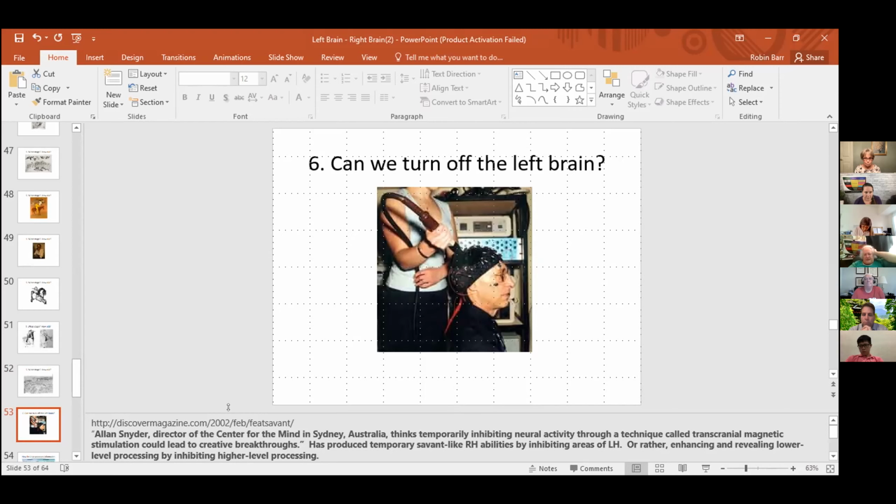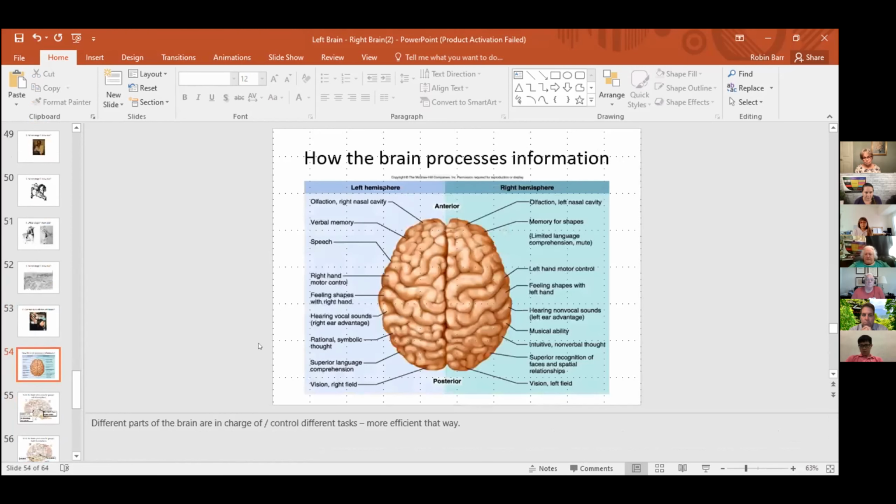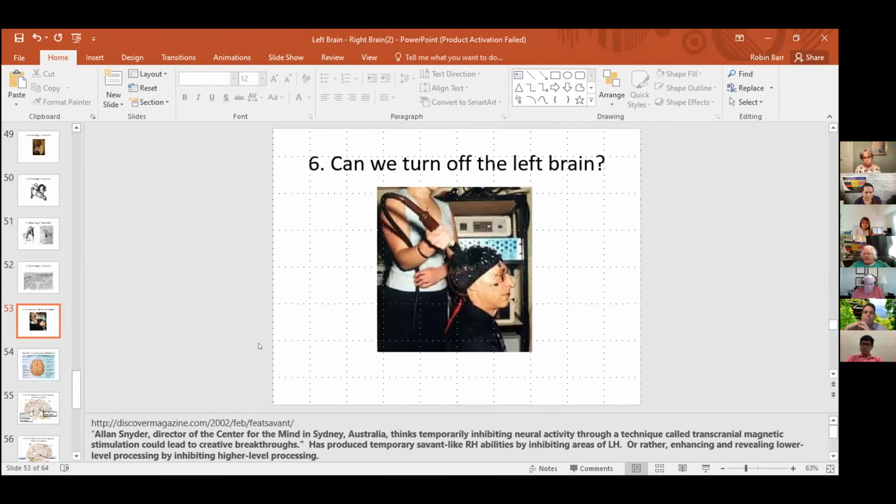And so he has artists who are able to draw much better during the time that they are feeling the effects of this transcranial magnetic stimulation. People have creative breakthroughs. They also have temporary savant type abilities.